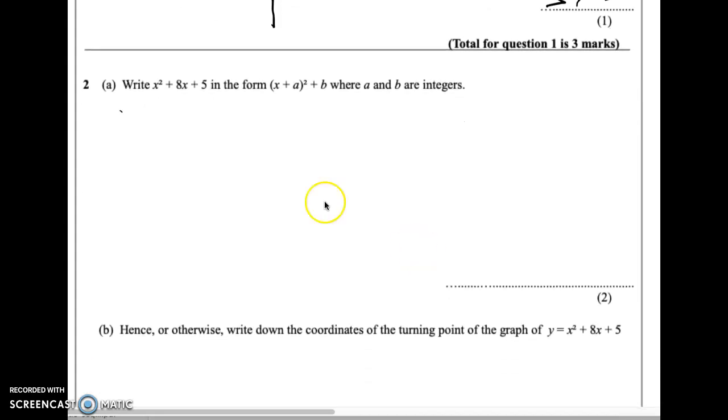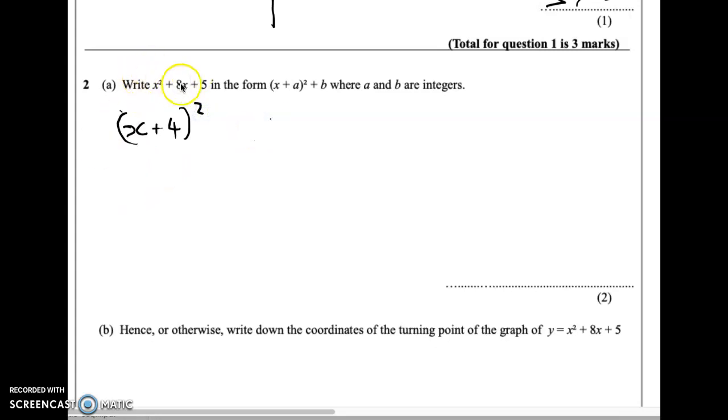Question 2, same thing. Write x squared plus 8x plus 5 in the form (x plus a) squared plus b, where a and b are integers. So we halve this x coefficient, so then we've got (x plus 4) squared.